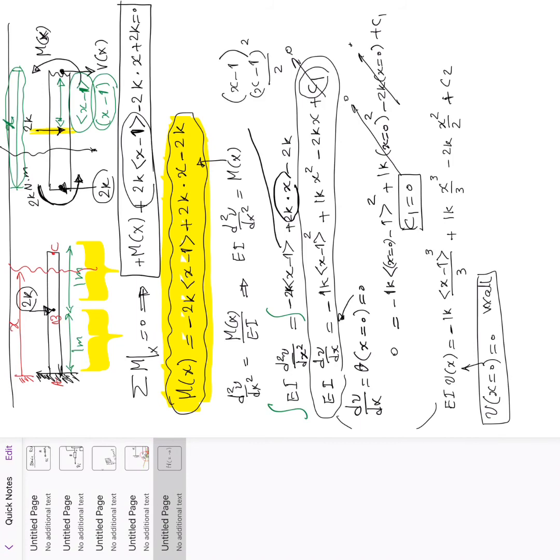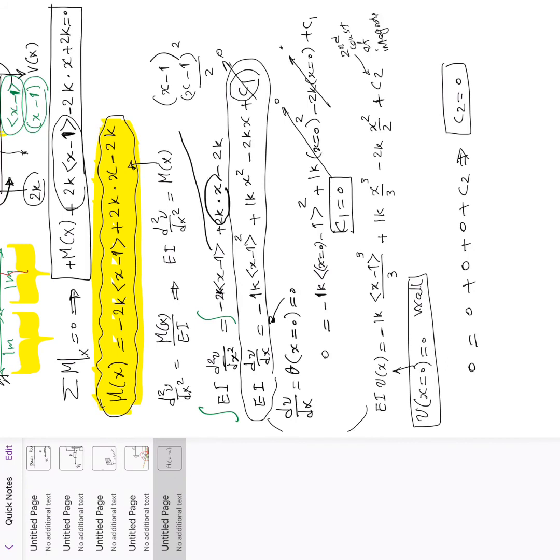That's the reason I didn't bring it. Plus c2, the second constant of integration. If I put v of x equal to 0 right here, you get 0 equal to 0 plus 0 plus 0 plus c2. So c2 is also 0.